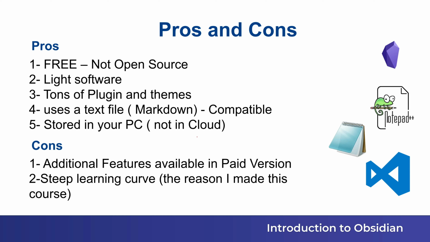One word of advice: just use the plugins that you need. Try to keep your notes free of plugins, because the idea of using Obsidian is that it uses a markdown file, a text file, and I can just open the text file using VS Code, Notepad++, the Notepad on my Windows, or the text editor on Mac.